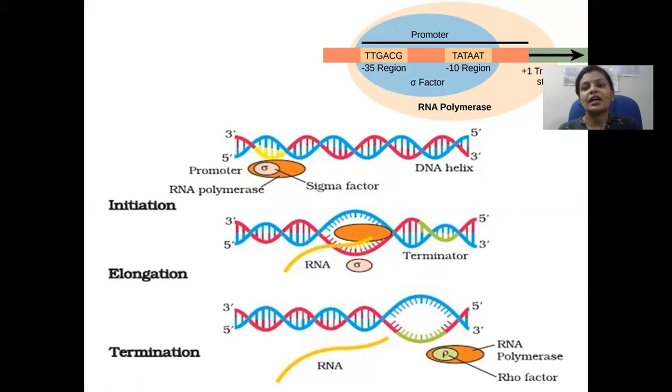So these sequences are called recognition sequences, and they are often found to be conserved sequences or consensus sequences. They are almost similar for the same organism across different genes and across different organisms also belonging to the same kingdom.